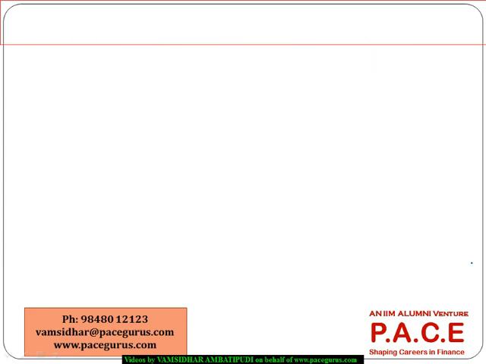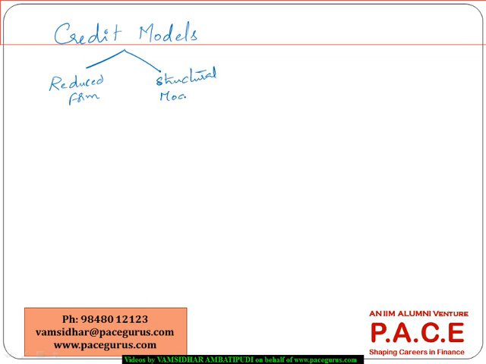Today these internal credit models, the ones which can be built internally, are classified as reduced form models or structural models. Structural models are very important. We'll discuss some of them later on.